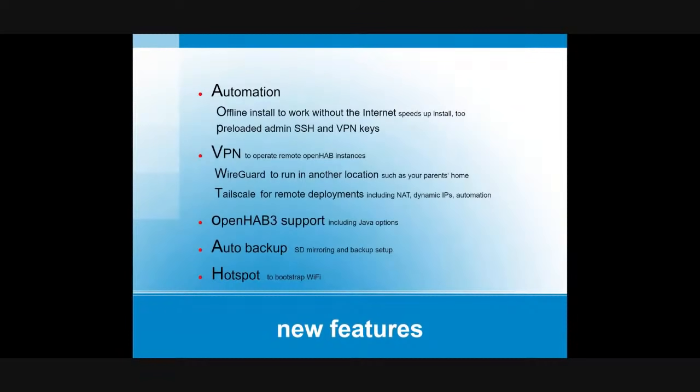So if you want to use that and you want to install on that remote site, it's difficult if you're not on site and can't change any of the settings there. So the initial part to get this up and running, there have been quite some improvements on that.